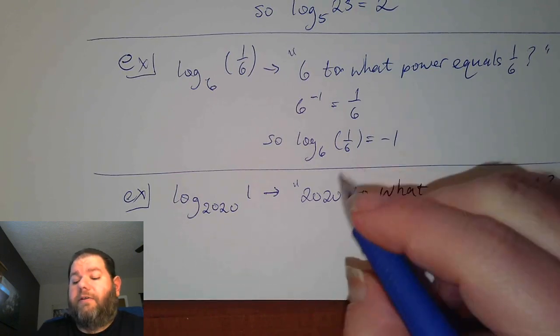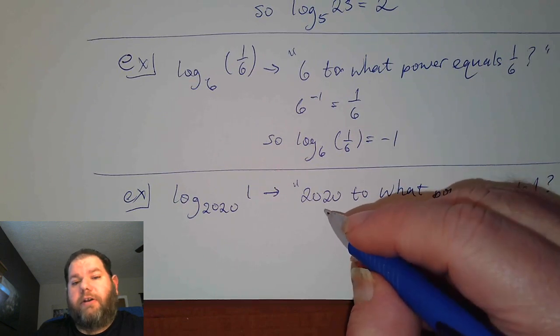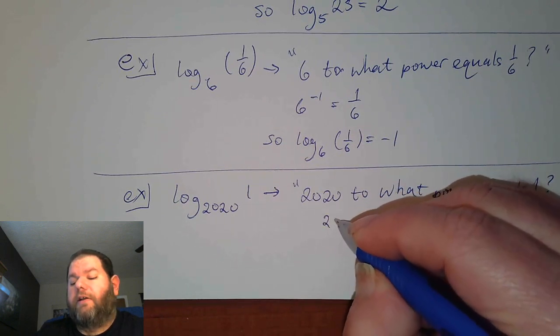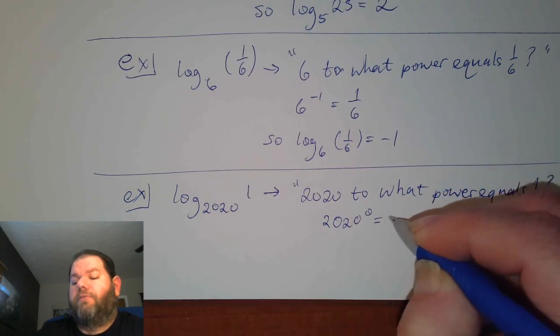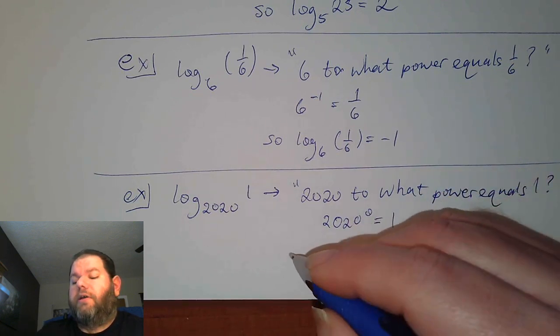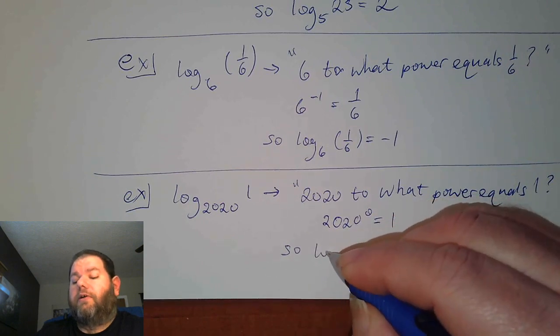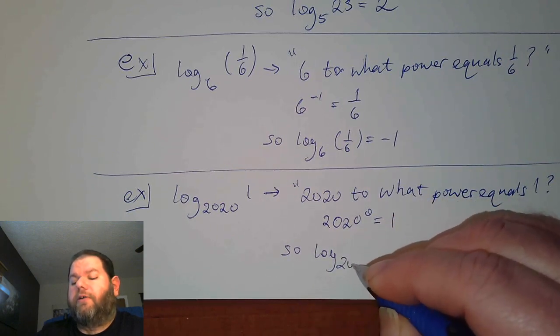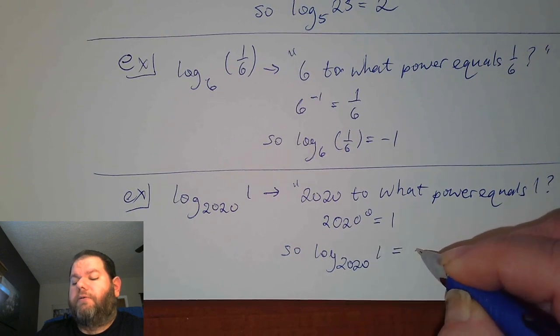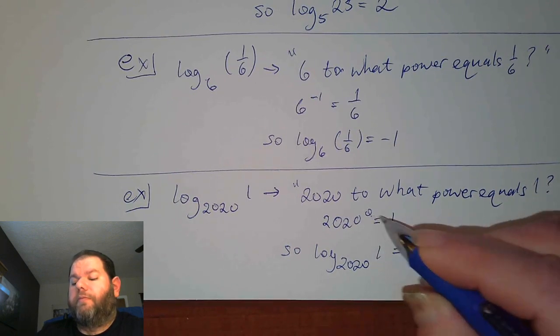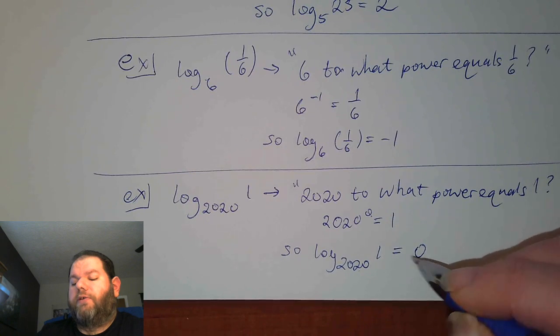Remember, anything to the 0 power is equal to 1, as we investigated last week. So 2020 to the 0 power is equal to 1. So our conclusion is log base 2020 of 1 is equal to 0.